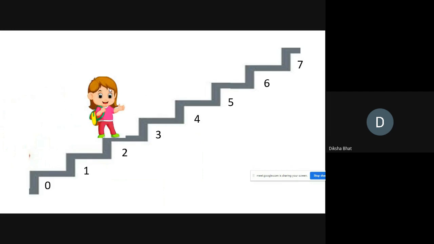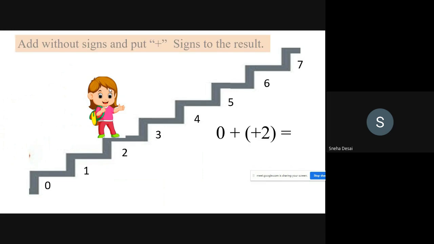Now let's write this mathematically. She was on step 0 and she took 2 steps. That is 0 plus 2. And where did she reach? On 2. Yes. So 0 plus 2 will be what? 2. Yes, we have to add and put a positive sign to the result. We will get plus 2.